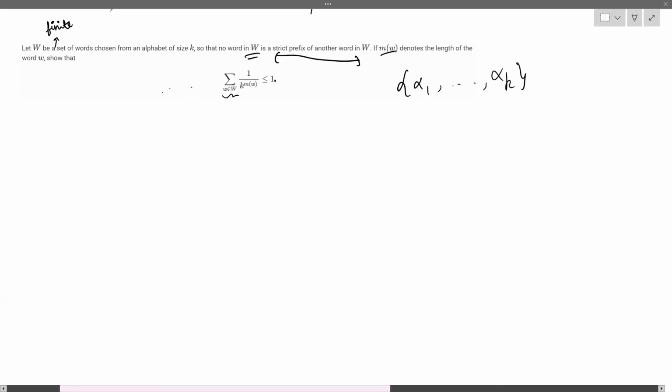We take a random string of length n, and in this random string of length n, we find the expected number of contiguous substrings starting from each of the n positions that lie in W.